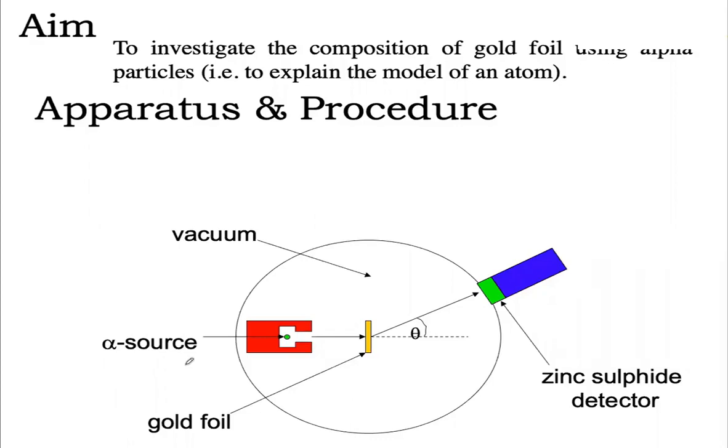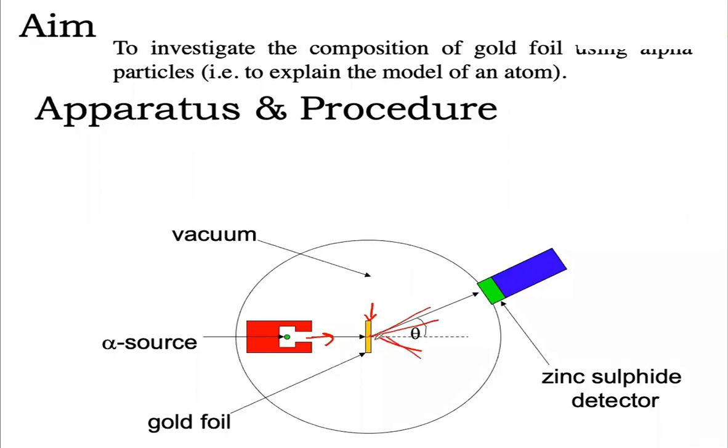This is the apparatus. Here you can see a radioactive source kept within a lead sheet, shooting alpha particles from here, and this is the gold foil where these alpha particles get scattered at different angles.